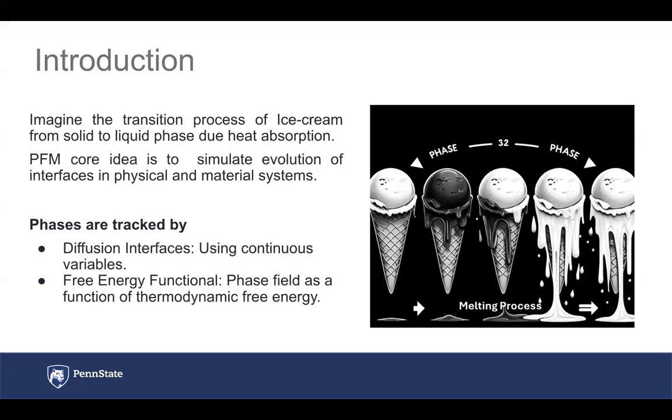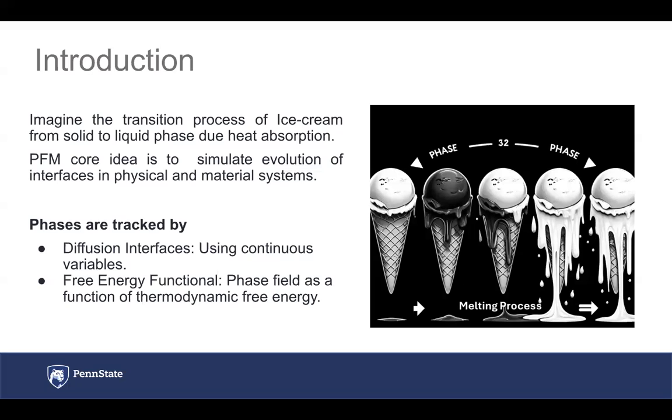Generally, they simulate the evolution of interfaces and physical boundaries. They kind of consider or track these phases using diffusion interfaces and free energy functional. When I say diffusion interfaces, what it does is that instead of pinpointing the exact boundaries between different phases of a material or a system, in this case an ice cream, the PFM model uses variables that change gradually to describe these transitions.